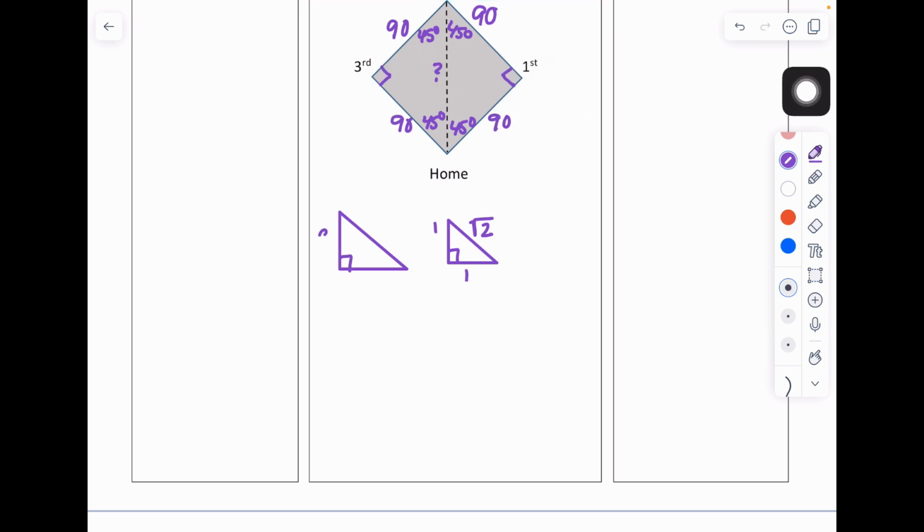And I know that I have 90 degrees on each of the legs, and I know the missing side is the hypotenuse side. So I can say 90 over 1 is equal to question mark over the square root of 2. And again, remember we solved this by multiplying by the denominators. A lot of times we call it cross multiplying.